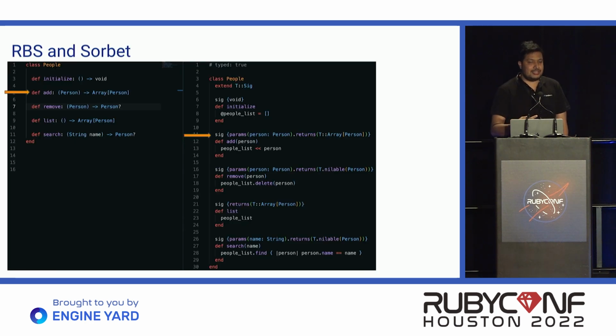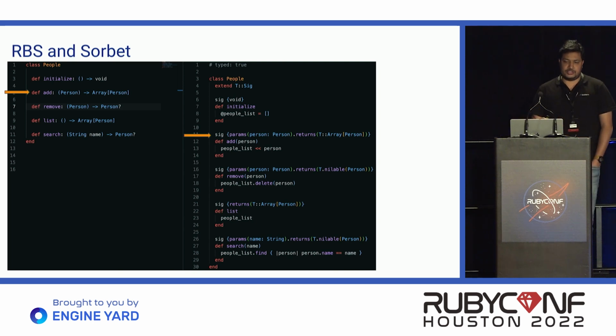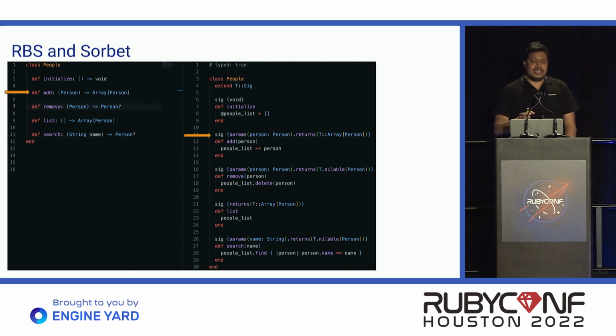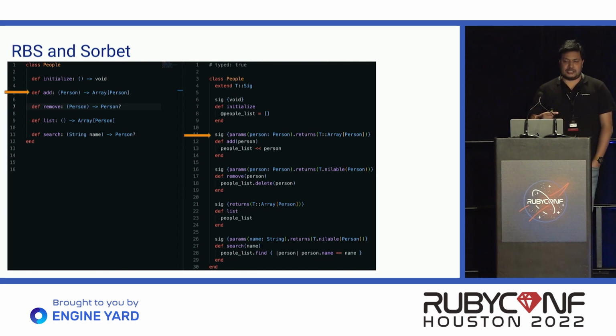So let's compare the RBS code and the Sorbet code, to see what the differences and similarities are. For the add function, the basic gist of these signatures is the same. The add function on the left-hand side is the RBS code, accepting the person object and returning an array of persons.